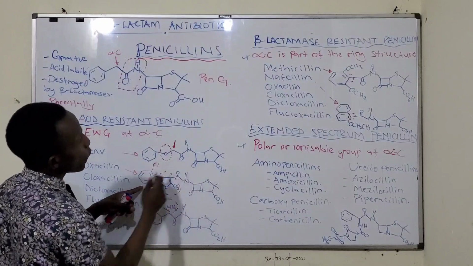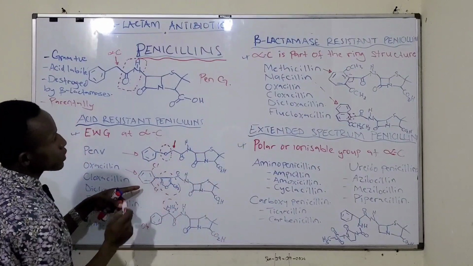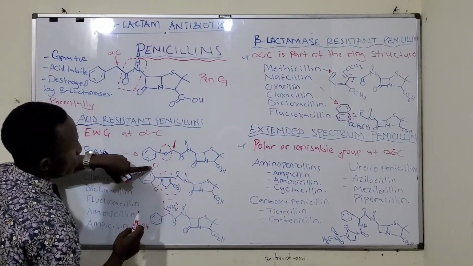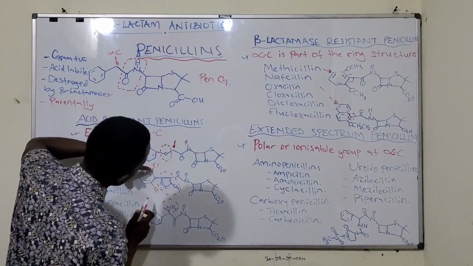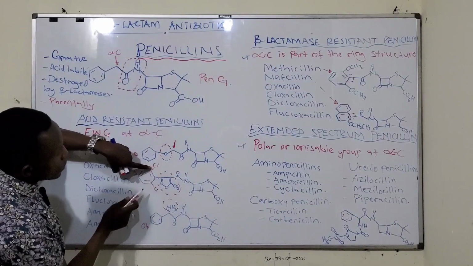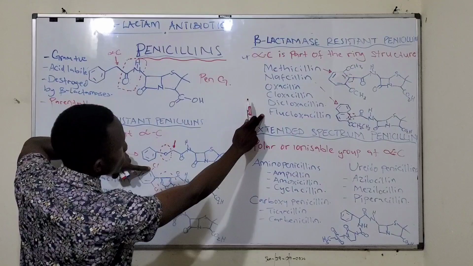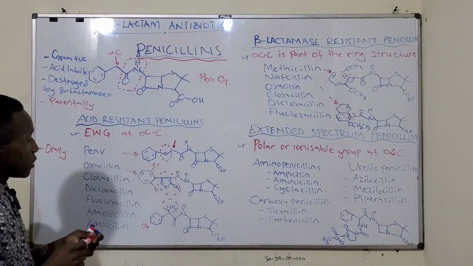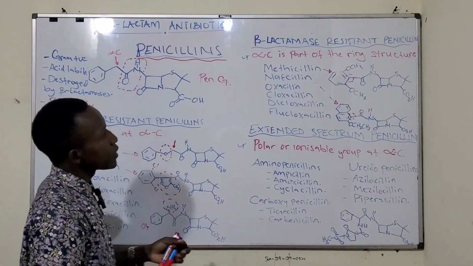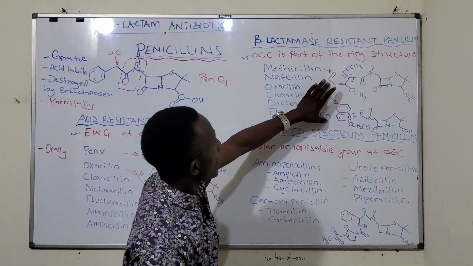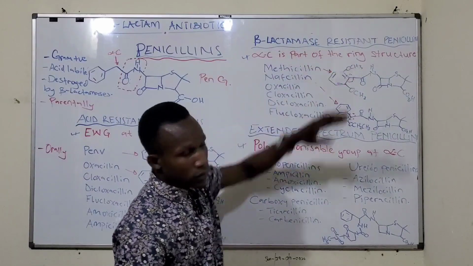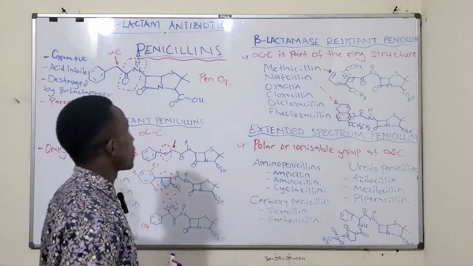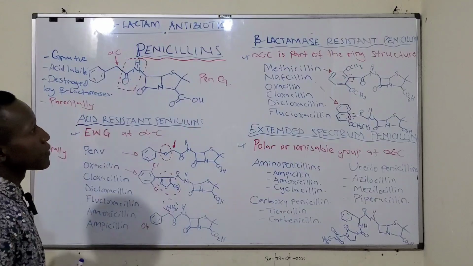Then dichloroxacillin is this one. For fluoxacillin, this chlorine at the ortho position was substituted with a fluoride group. So meaning that these penicillins are beta-lactamase resistant, cannot be destroyed by the beta-lactamases.